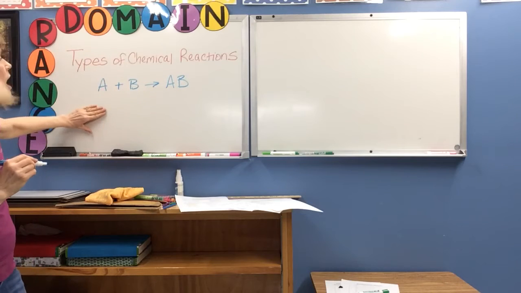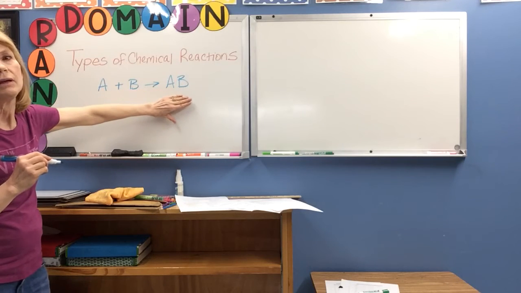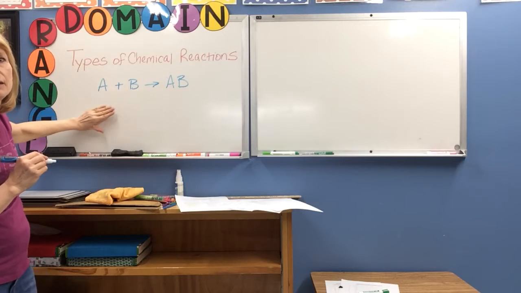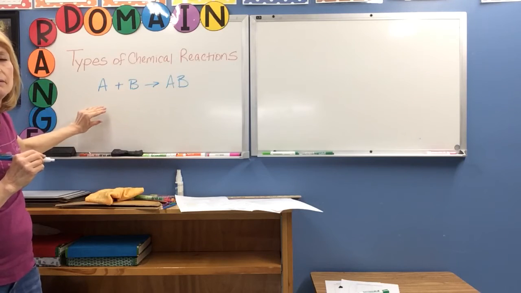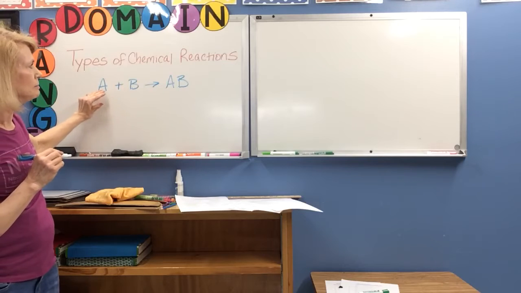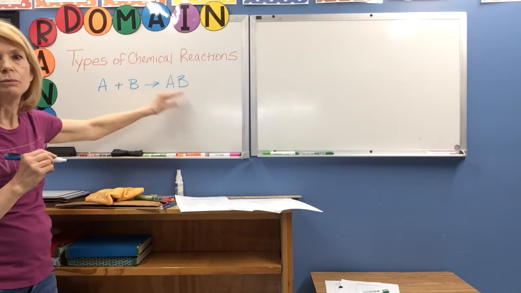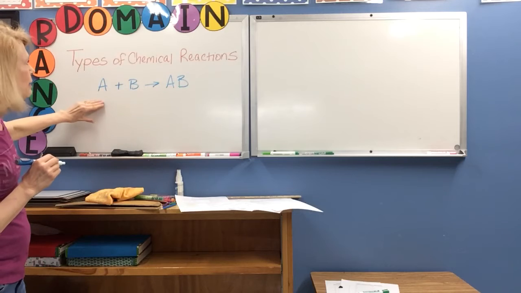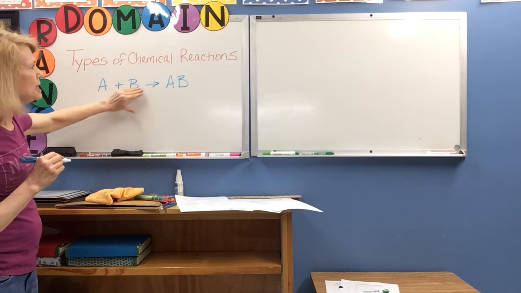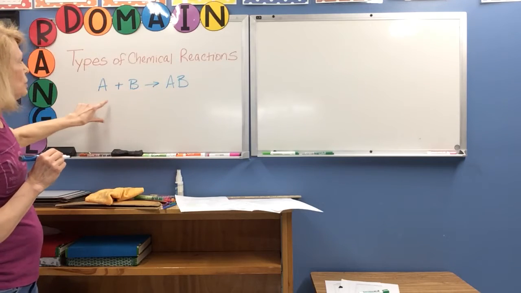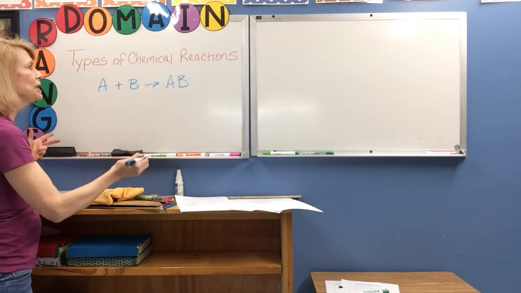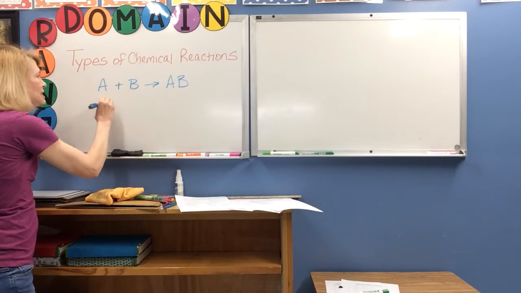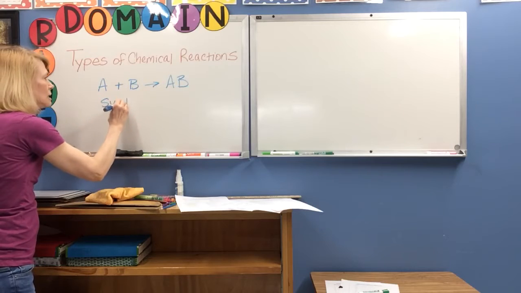These are not shorthand for elements. They're just letters that represent different elements or different chemical compounds. This would be a compound. So my reactants, A plus B yields AB. You're putting 2 things together, right? If you're putting 2 things together, it's called a synthesis reaction.